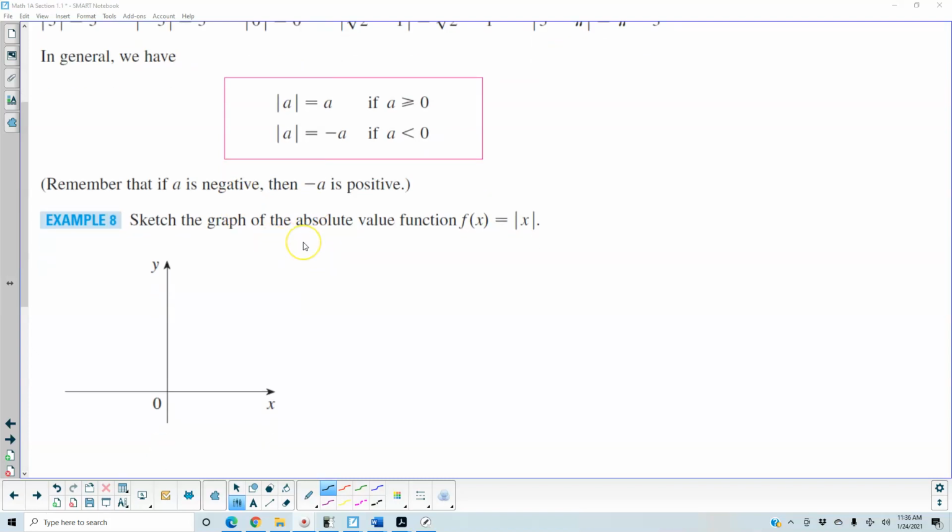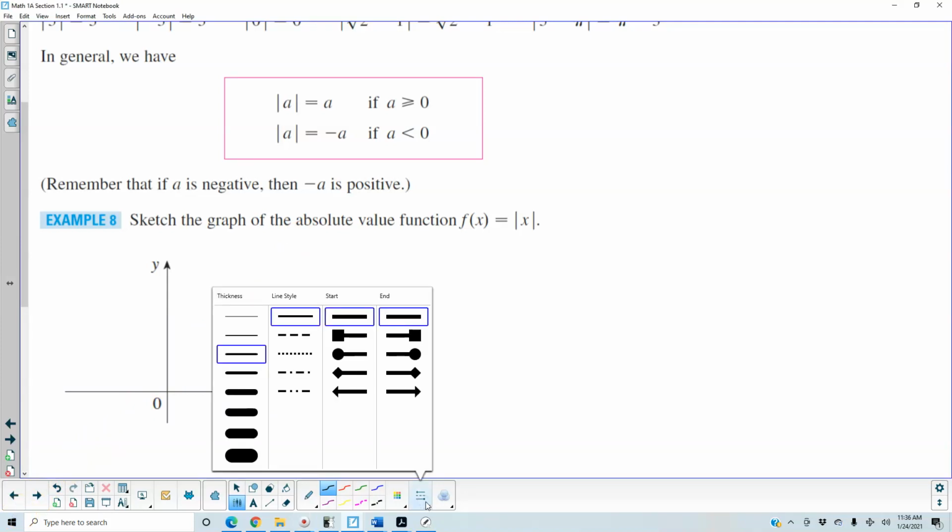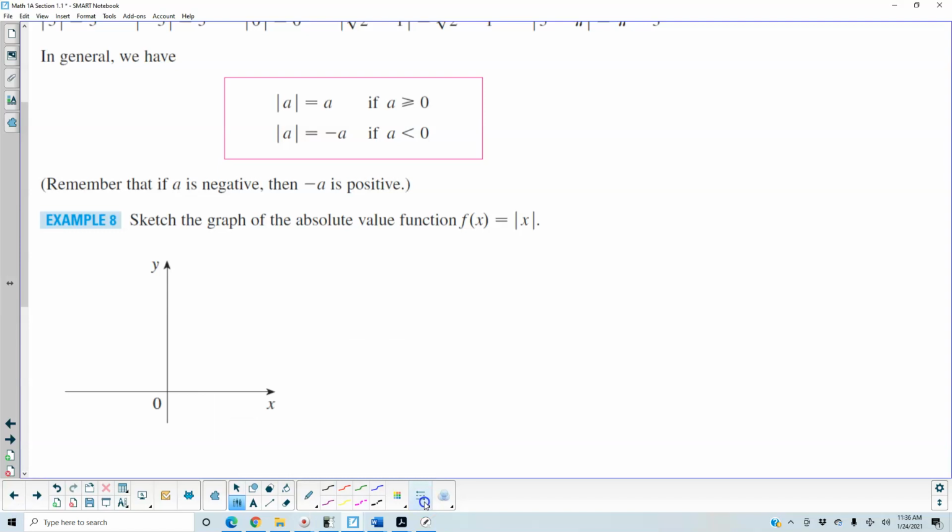So if we want to sketch the graph of the absolute value function f of x, which is equal to the absolute value of x, we first need to put this in a piecewise form. So, using what we have from above, we know that the absolute value of x is going to equal the following.